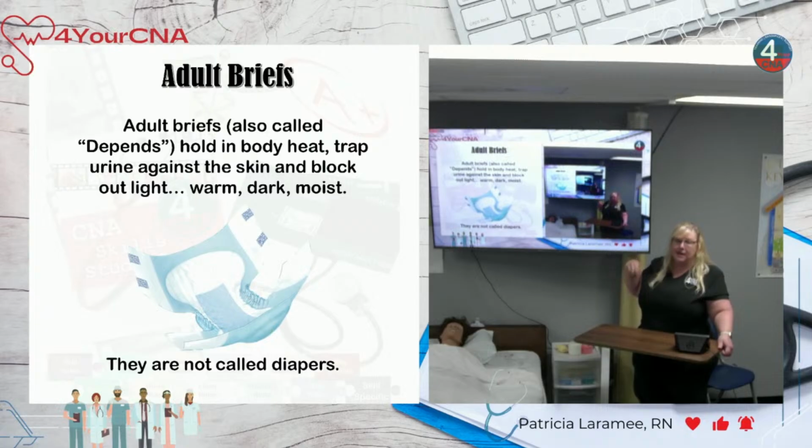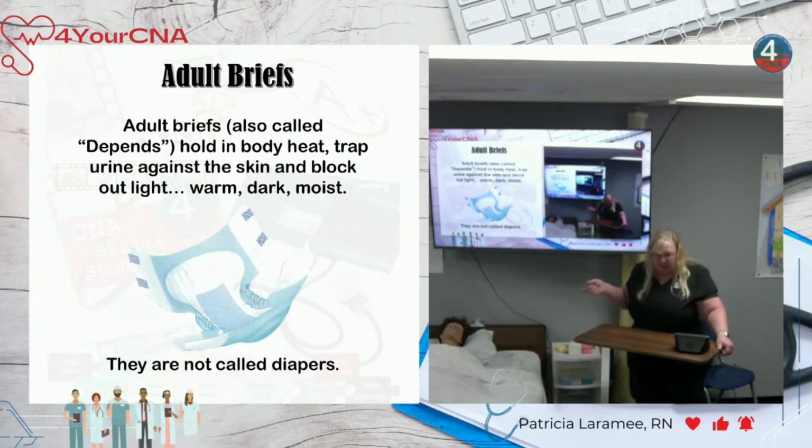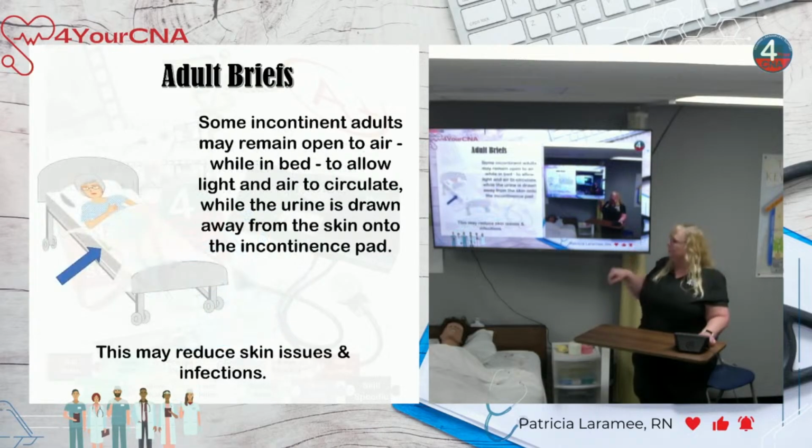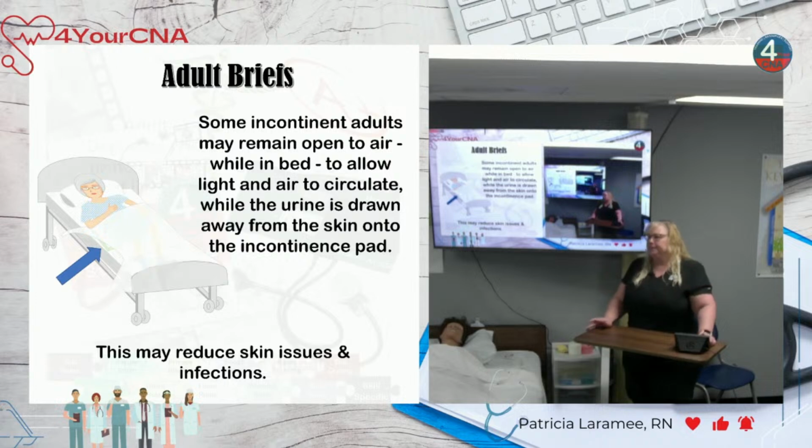Yes, we use them if an adult is incontinent and out of bed. We will use these, and we still have to clean them and change them every 2 hours around the clock. But there is a better way. If the patient is in bed, I don't like using adult briefs.